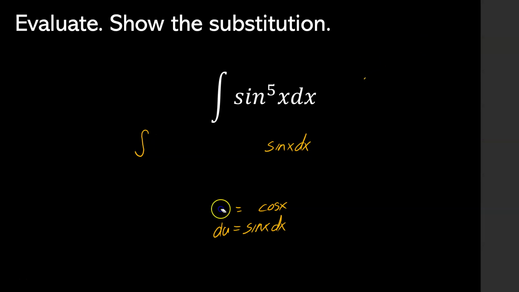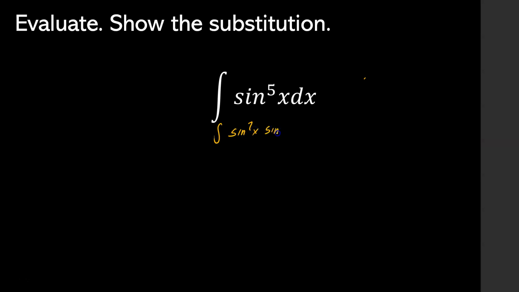So let's do the work in order. Hopefully that's a little bit of a hint as to where we're going. Think of this as sine squared sine times dx, which means we can rewrite sine squared as 1 minus cosine squared. This other sine squared is a 1 minus cosine squared. And we'll leave this sine x dx at the end.